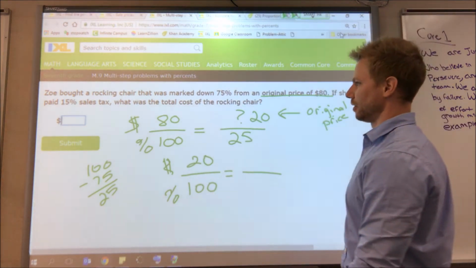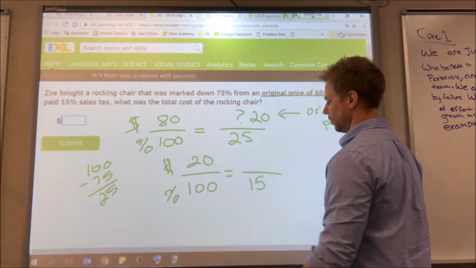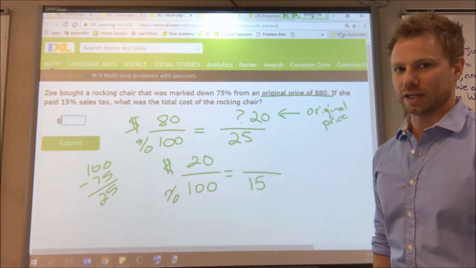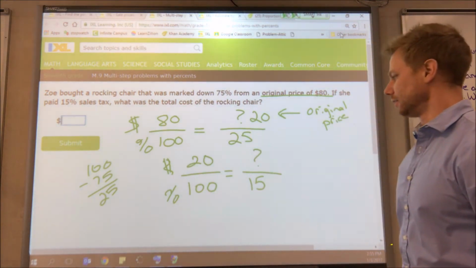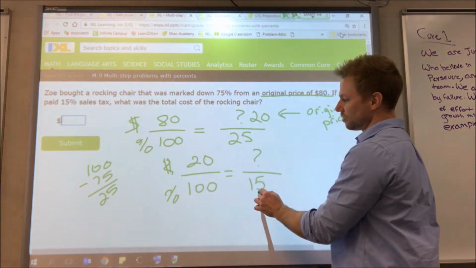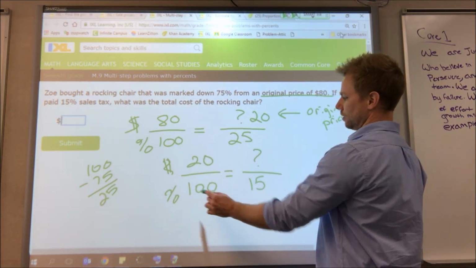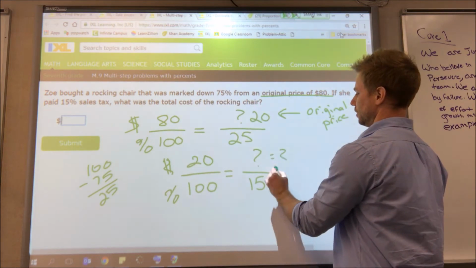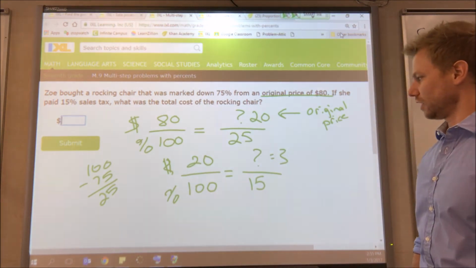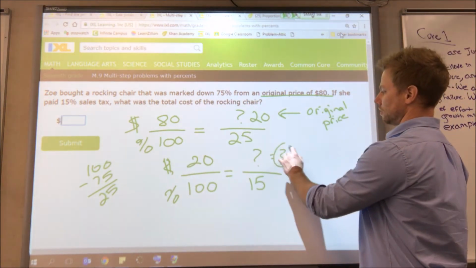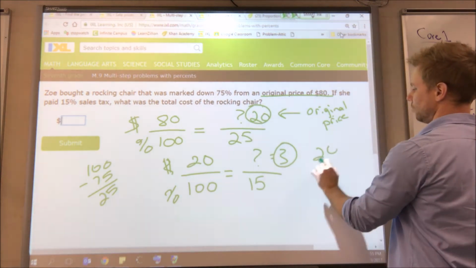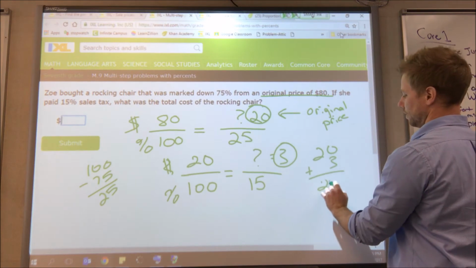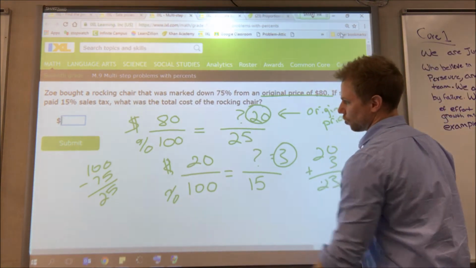To figure out how much the sales tax is, we want to know what 15% is. Question mark on top, cross multiply, divide. 20 times 15 is 300, divided by 100 is 3. So the sales tax is $3. The cost of the item is 20. We add those two together, and it cost $23.